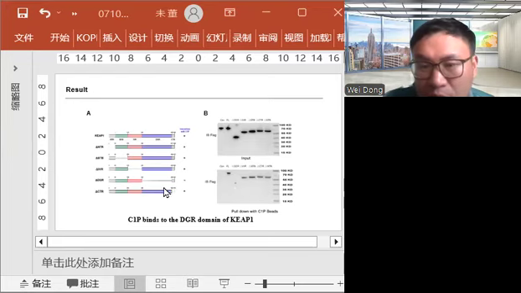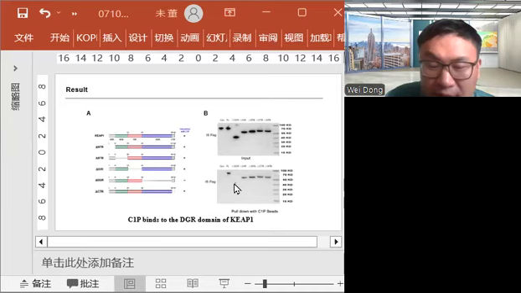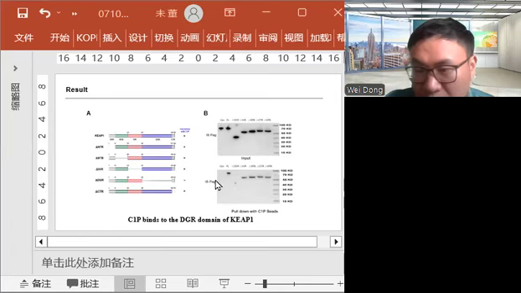Only when the DGR domain is deleted, the KEAP1 protein can't bind to the C1P beads. So it confirms that the binding site of C1P is indeed located within the DGR domain.